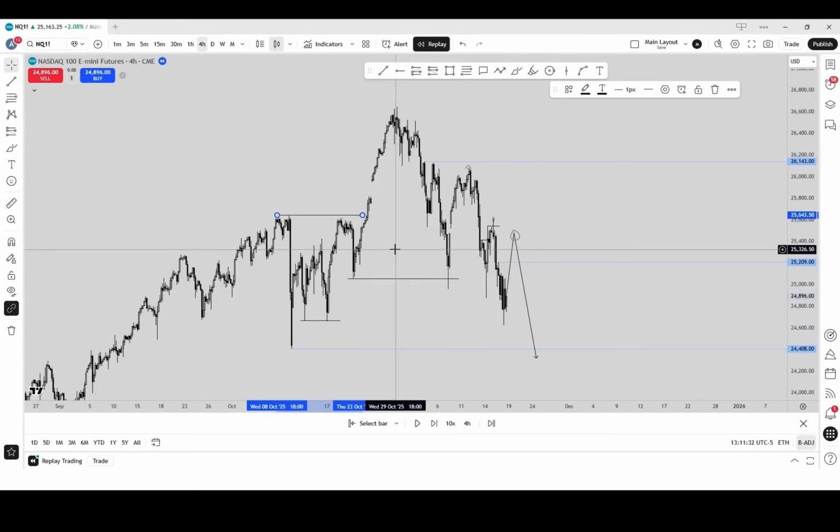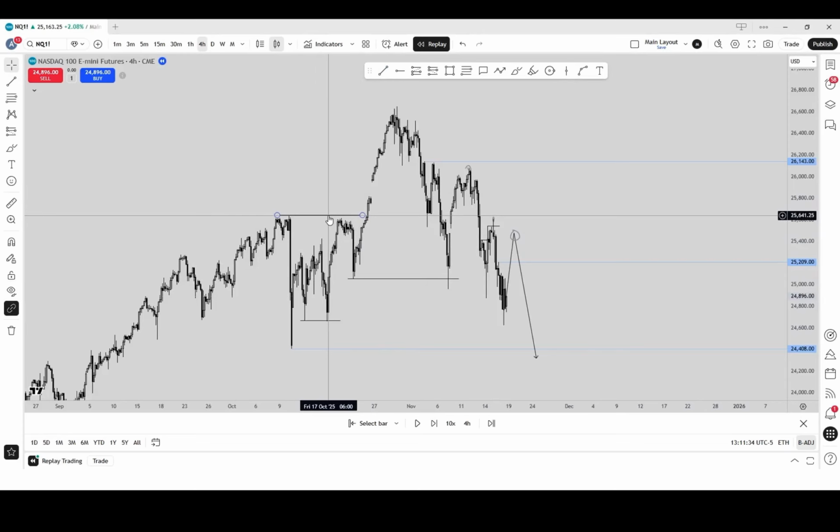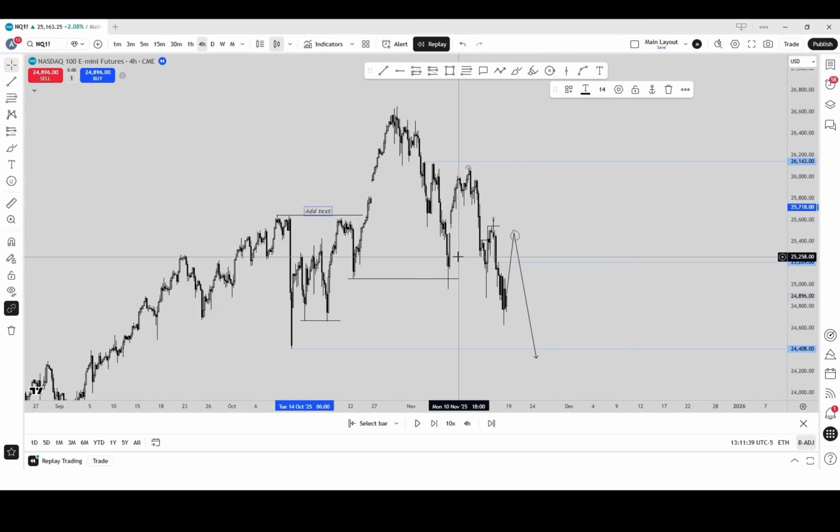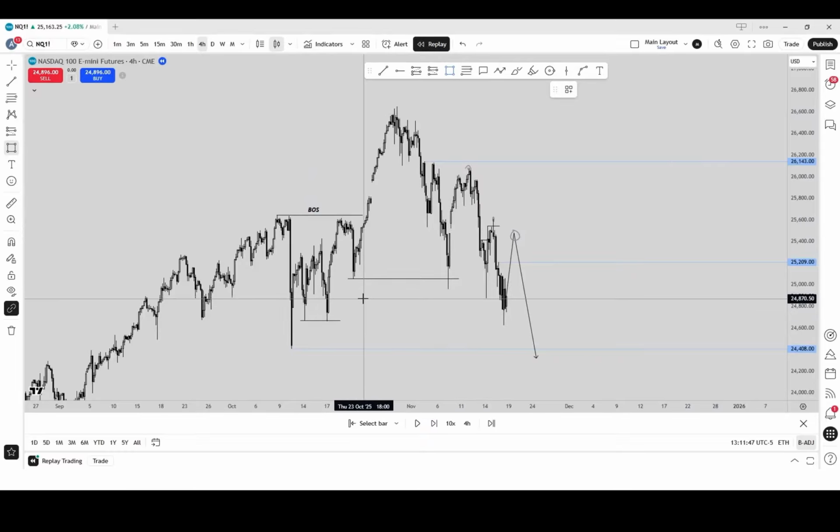What does this do? What's that right there? BOS. So essentially, we induce buyers, exactly. If I say BOS, it means if there's a BOS to the upside, we induce buyers. If there's a BOS to the downside, we induce sellers.